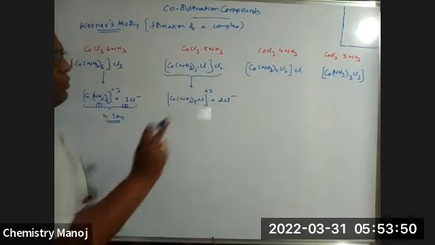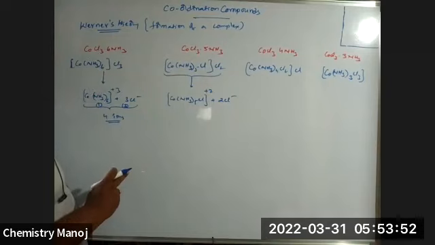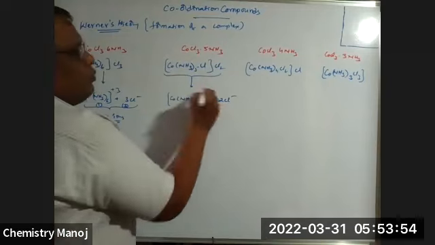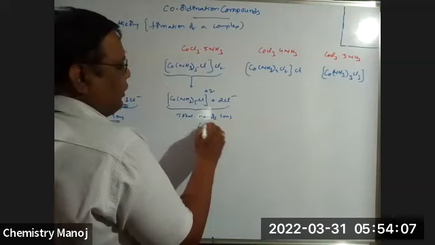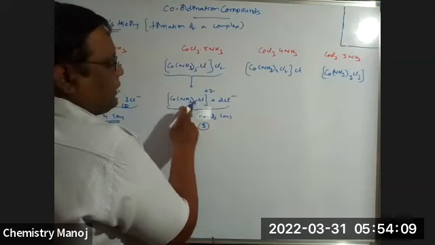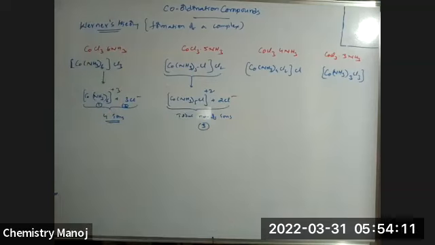Now it is totally neutralized. Shiva, now how many total ions? 3 only. Box ion plus 2 Cl minus ions.